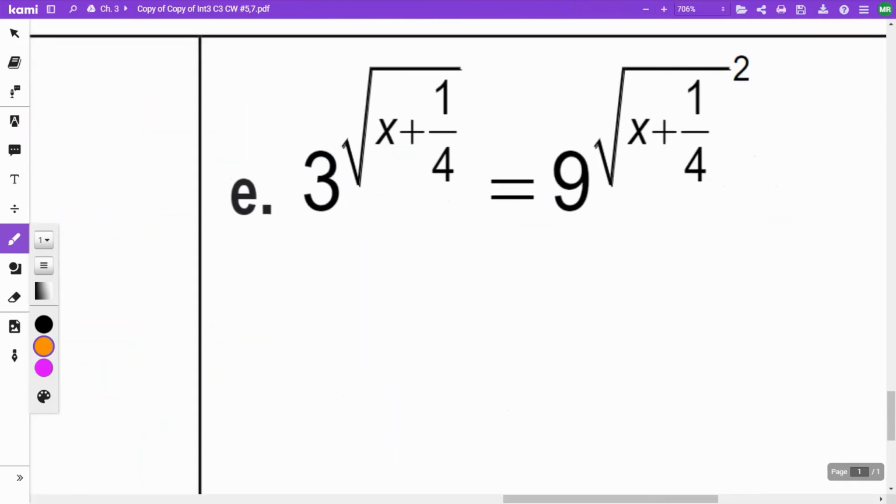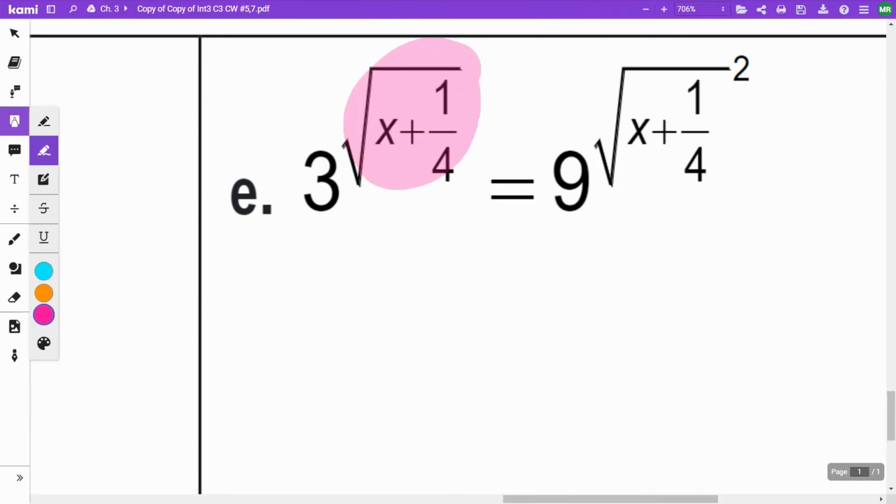On a problem like this, a couple things you want to understand. First off, we do not like having this as an exponent. Notice that I also have it here, but it's squared.